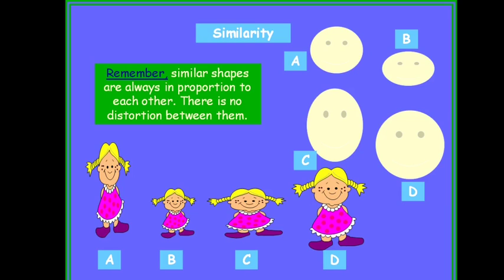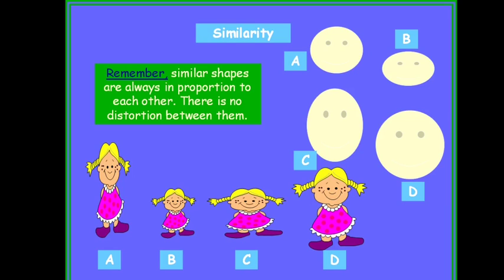What is meant by that? We can take an example of a football and a tennis ball. The football is bigger in size as compared to the tennis ball, but both look the same, spherical in shape. So this is the best example of similarity, meaning objects which are in proportion, different in size but look the same.